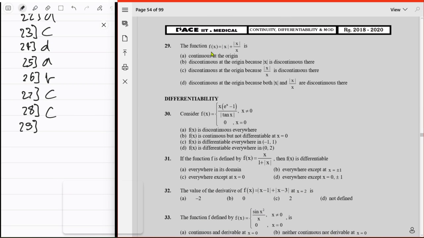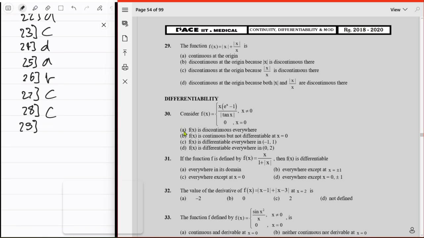29 is the function f is equal to mod x plus mod x upon x. So seriously, that's just horrible. So is this continuous at the origin? It's not, because it contains 1 upon x, which is a problematic thing. Okay, this is wrong.